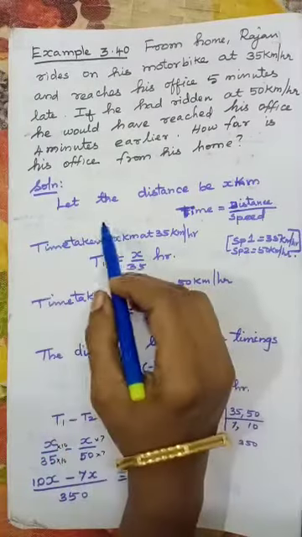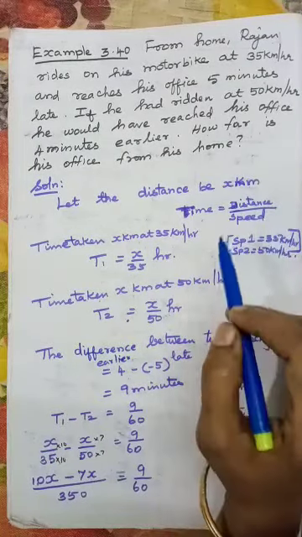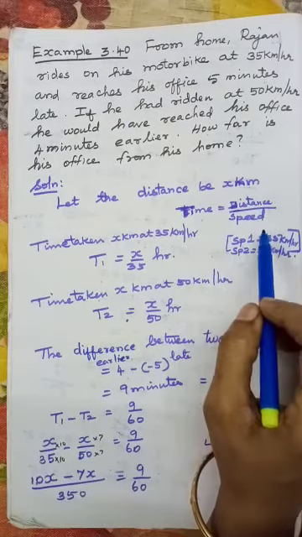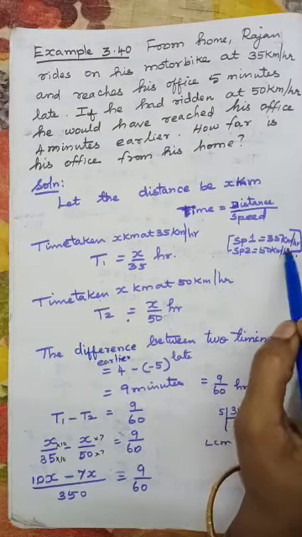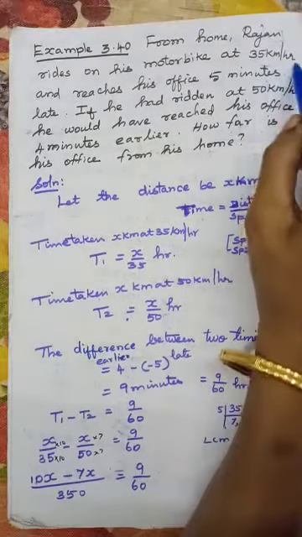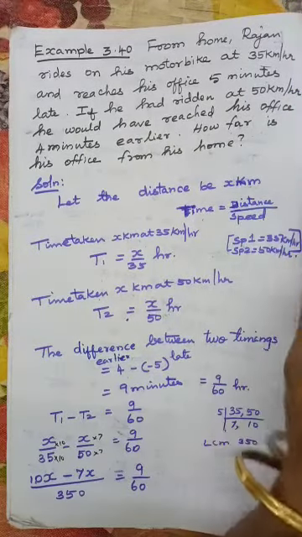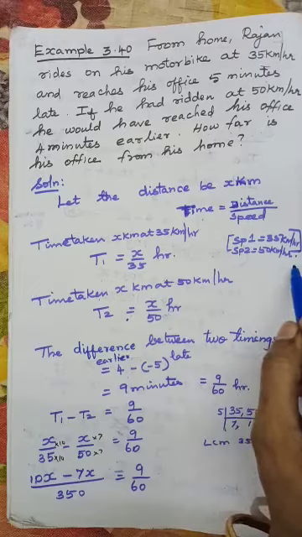Solution. Let us take the distance to be x kilometer. We know that time is equal to distance by speed. Okay. Speed 1 is 35 kilometer per hour. Then speed 2 is 50 kilometer per hour.